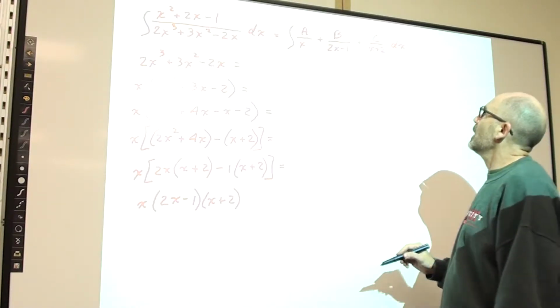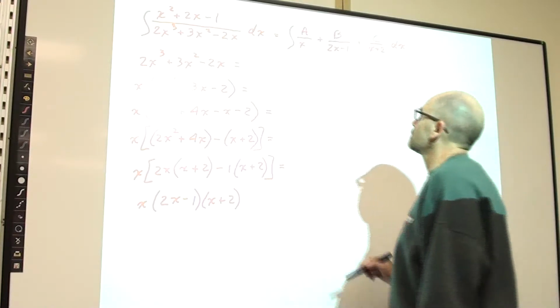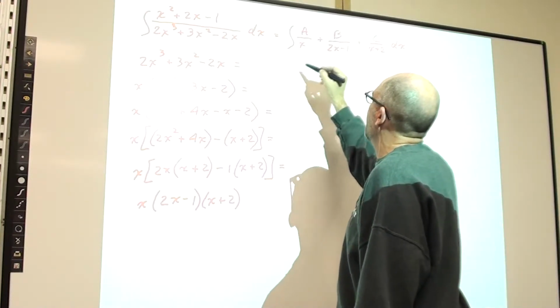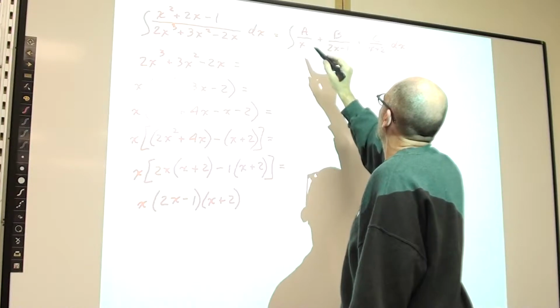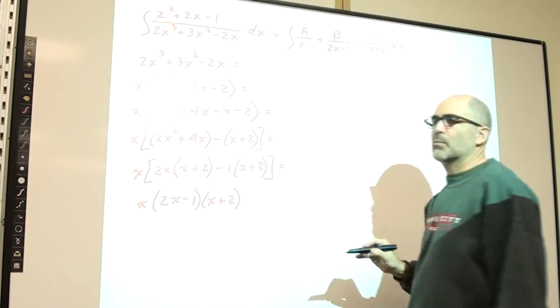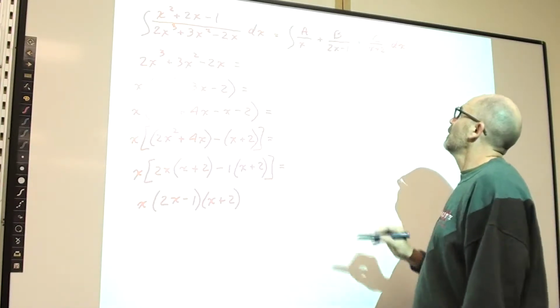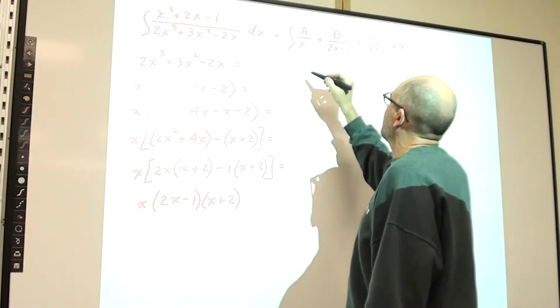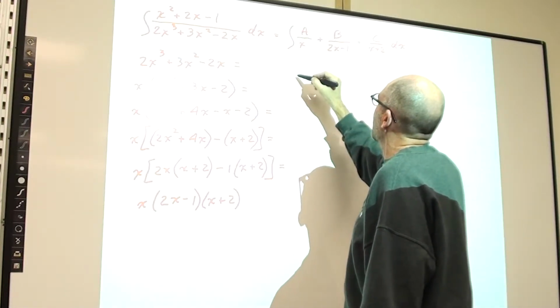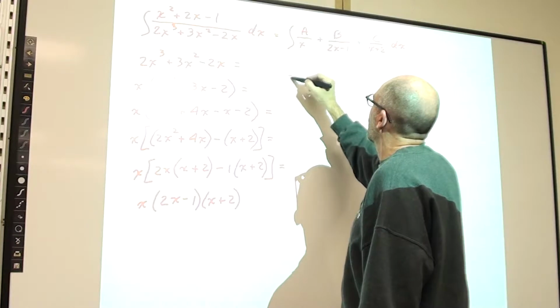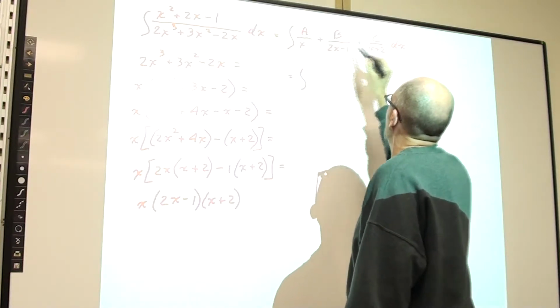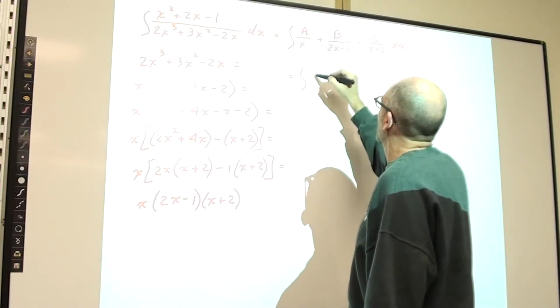So, if I want to get common denominators, then I just say the common denominators have to be the product of all three of these. So that means the a is missing the 2x minus 1 and the x plus 2.